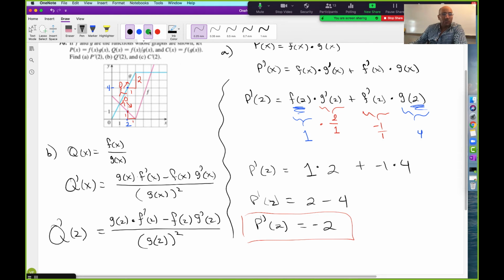Good. Well, we already found all of these things. We said g of 2 was 4, so this is going to be a 4. The f prime of 2 was equal to -1. The f of 2 was equal to +1. G prime of 2 was equal to +2. And g of 2 is equal to 4.